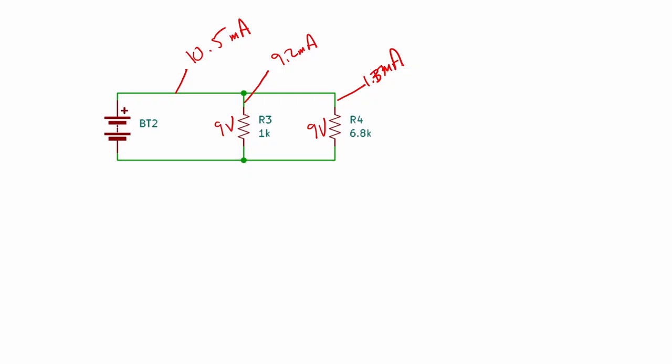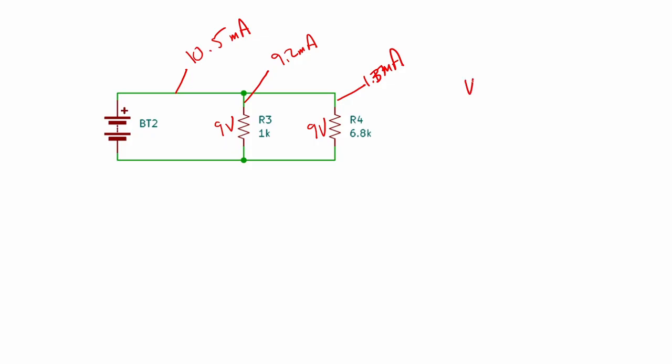Now, the voltage drop is easy to compute because it's just going to be 9 volts, just whatever the power source is. For the total current, we need to work out the effective resistance of this parallel circuit, which we did in our video on ohms on resistor networks.